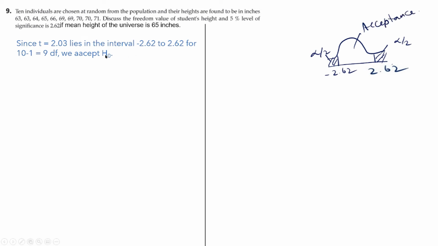If we see this value 2.03, it lies in this acceptance region. So we accept H0. And we conclude that therefore mu equal to 65 inches. We conclude that the mean height of the universe is 65 inches.